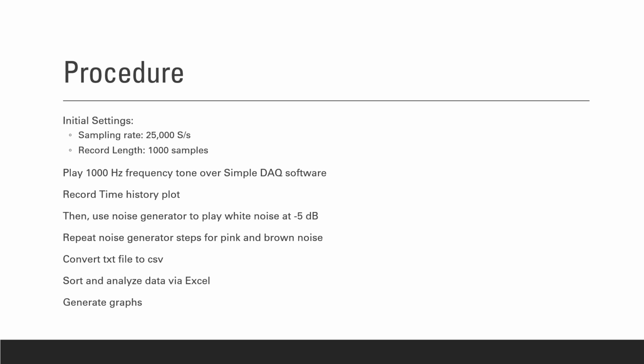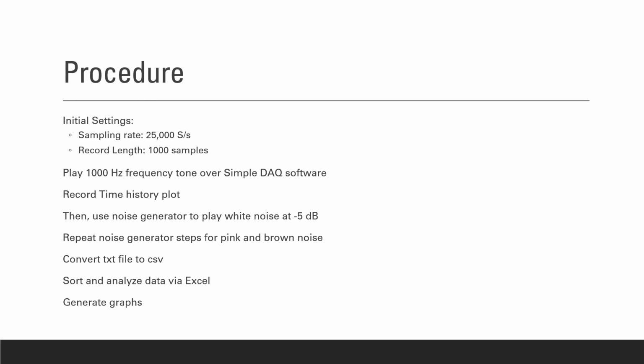Next, we'll record the time history plot, and we'll collect data until there is no more frequency and power spectrum data collection. From there, we're going to use the noise generator to play white noise at -5 decibels, and then repeat the steps above, where we're going to record the time history plots, stop, go back to the noise generator, and do the same thing for the pink and the brown noises.